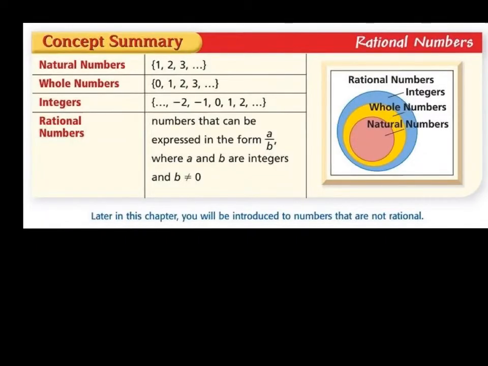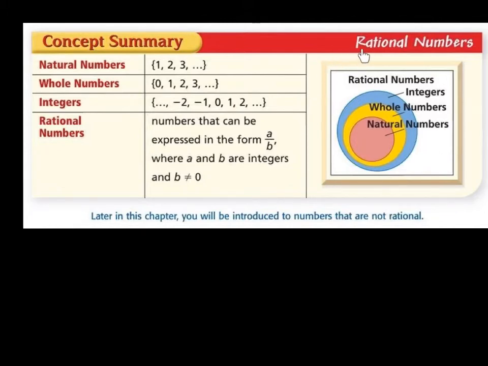You already wrote down natural numbers are 1, 2, 3, and so on. Whole numbers are 0, 1, 2, 3, and continuing. Integers are whole numbers and their opposites, so 0, 1, 2, and so on, and 0, -1, -2, and so on. Rational numbers can be written in the form a divided by b, where a and b are integers and b cannot equal 0.